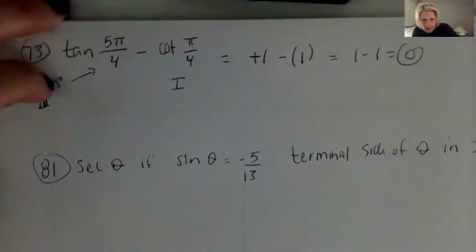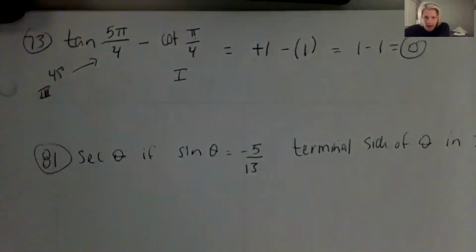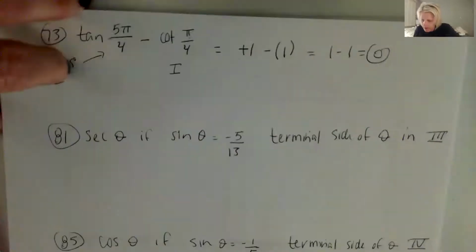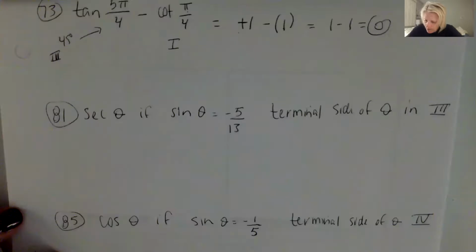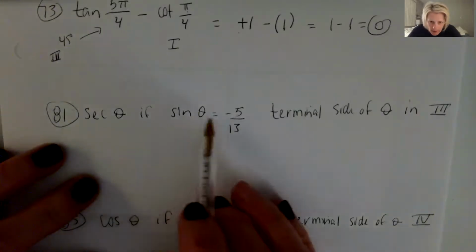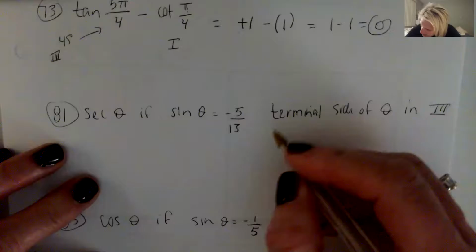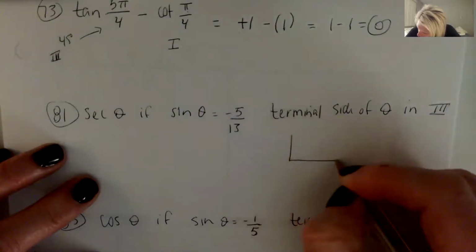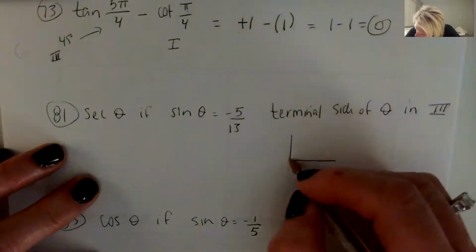Okay, 81 and 85, they're giving us the terminal side. There's some restrictions that we have to follow here. So we want to find the secant of theta, the angle, if we know sine is a -5/13. So let's draw this.